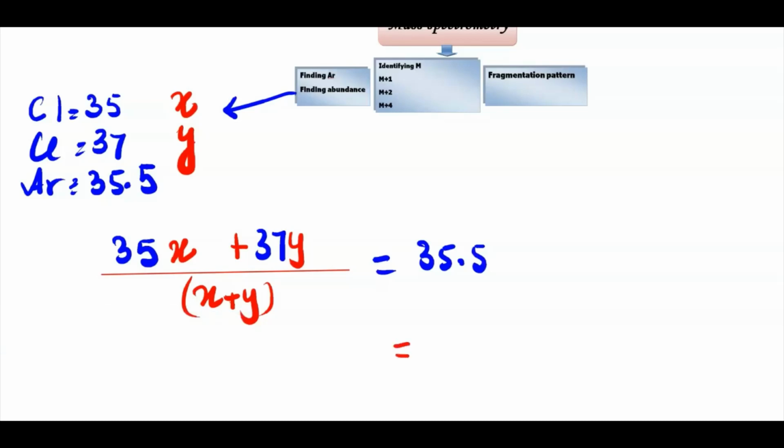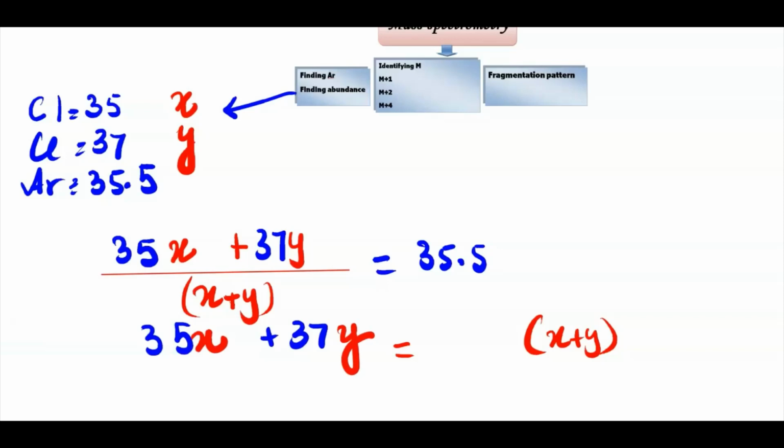In this part, you will take X plus Y here, and you have 35x plus 37y here, and here you have 35.5, which you multiply, and you get 35.5x plus 35.5y.